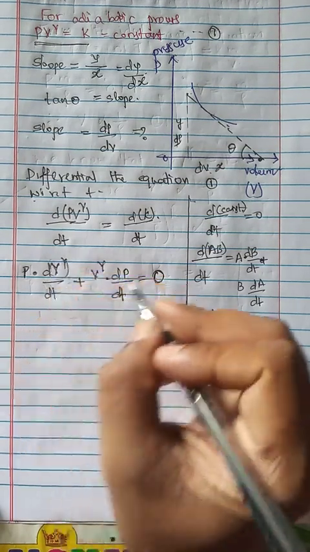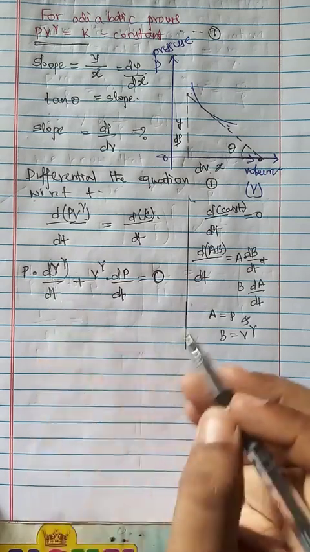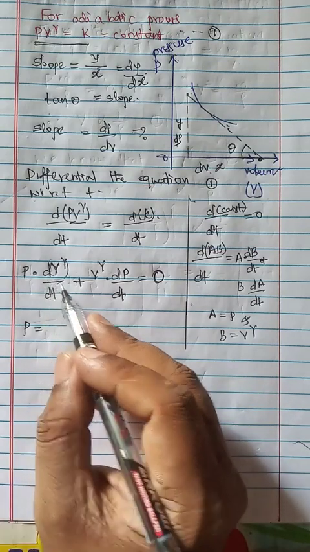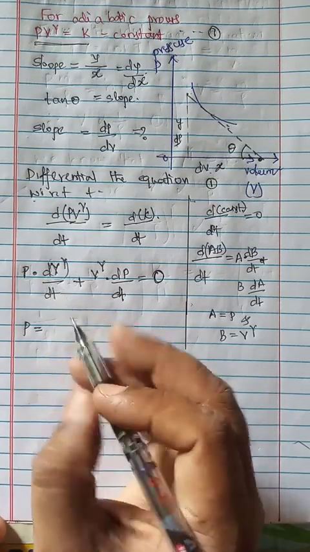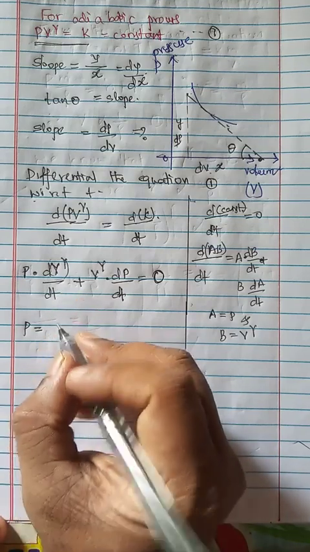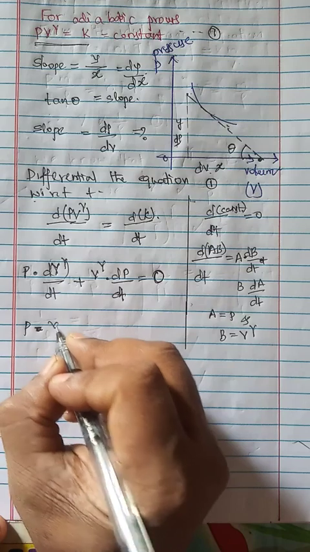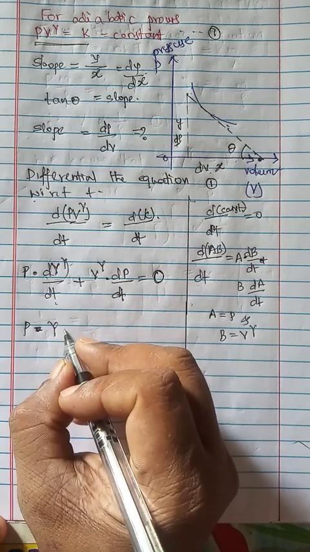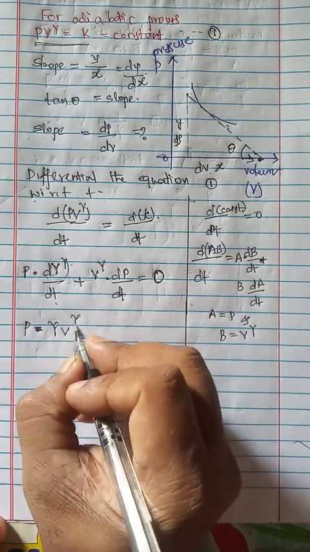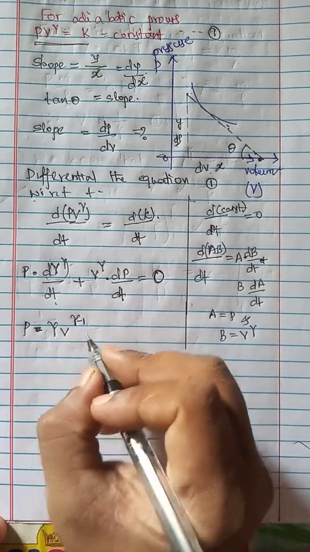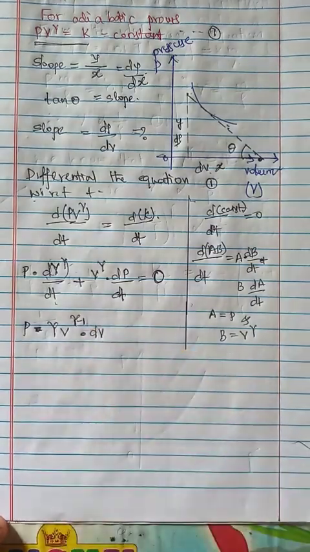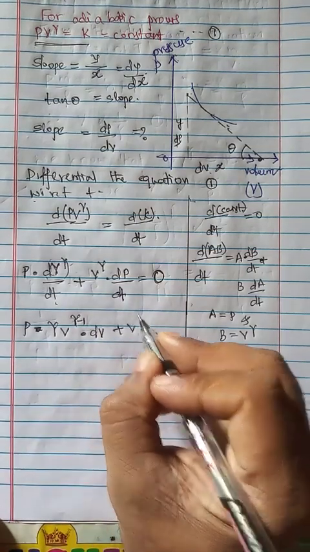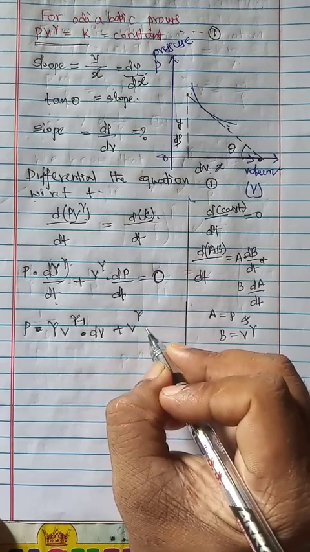Then here you should simplify further. On simplification you are getting P into d by dt of V to the power gamma, for which you should use the formula gamma into V to the power gamma minus 1 into dV by dt, plus V to the power gamma into dP by dt.